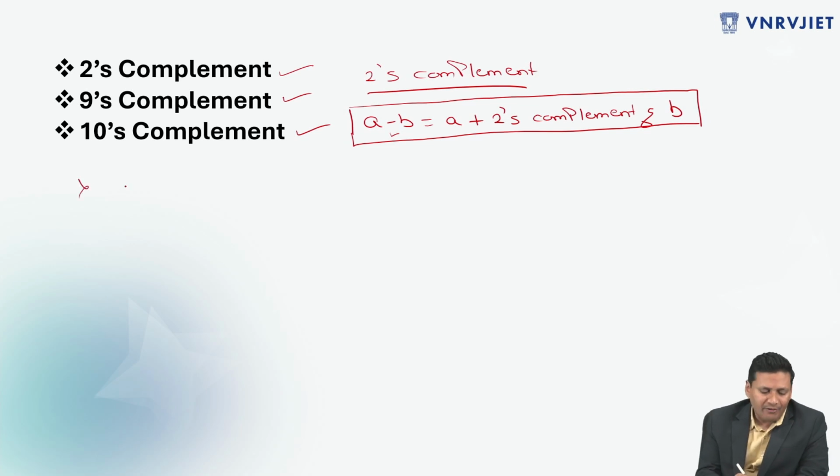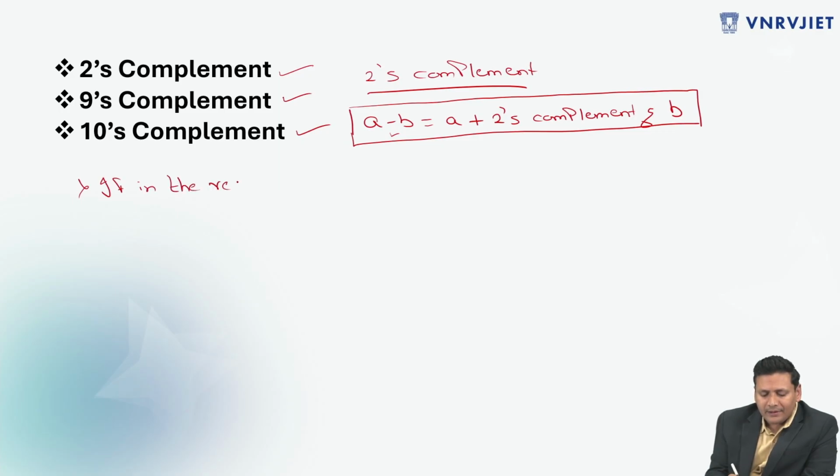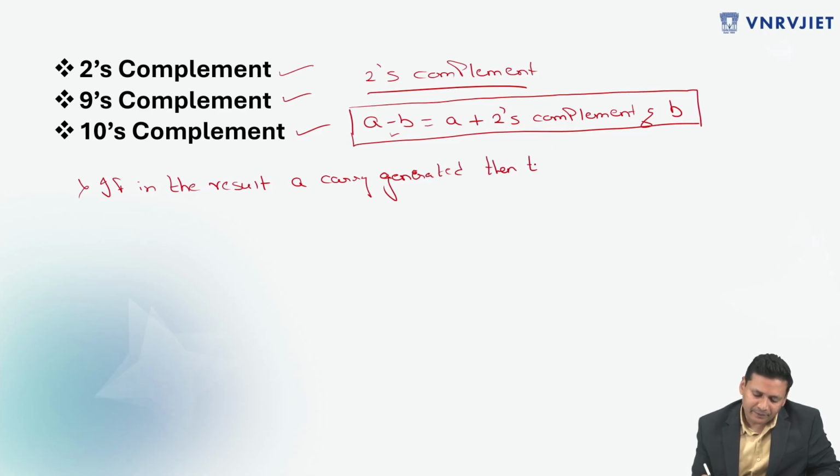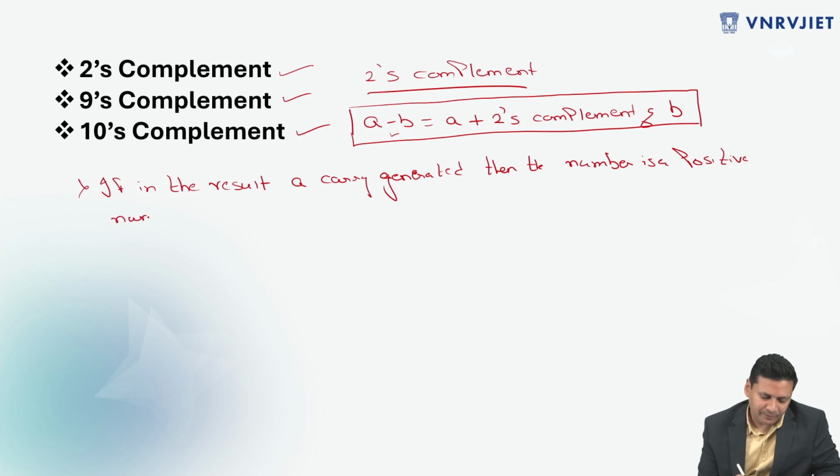Next, after doing the operation, if in the result a carry is generated, then the number is a positive number, and we have to discard the carry.